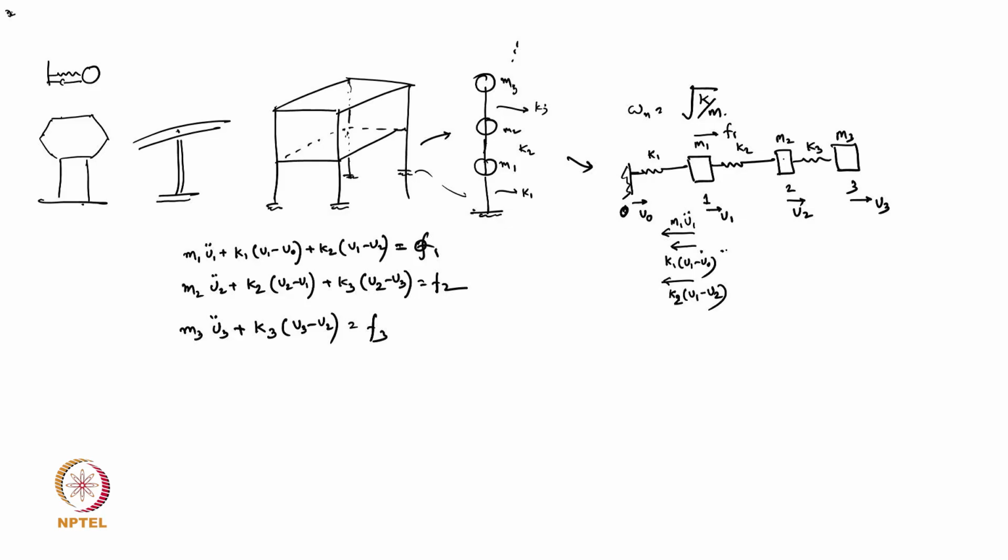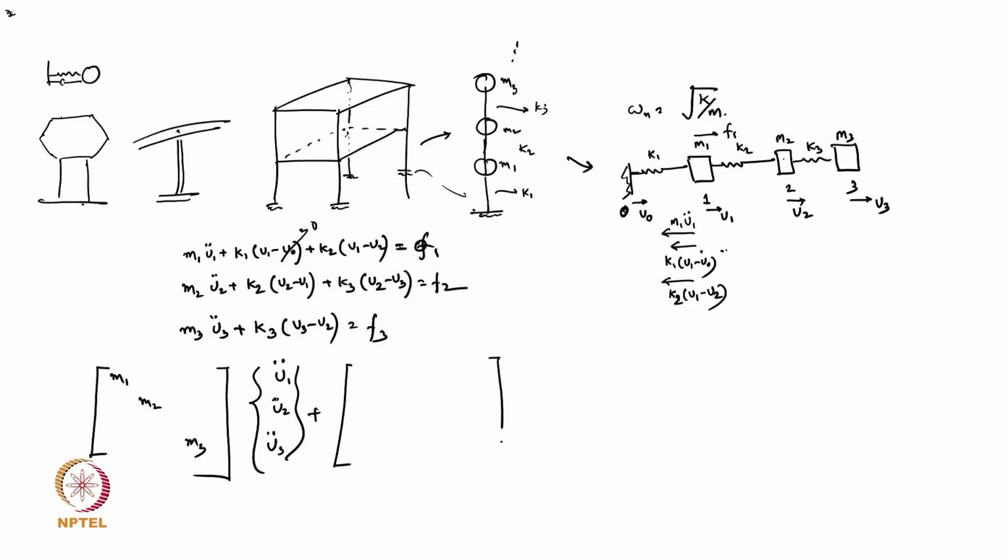So if I try to write that in matrix form, how can I get that? m1, m2, m3, times u1 double dot, u2 double dot, u3 double dot. Another important thing we need to notice is that u0 is actually 0. It is fixed, so we can remove u0 here and put it as 0. So what are we left with?